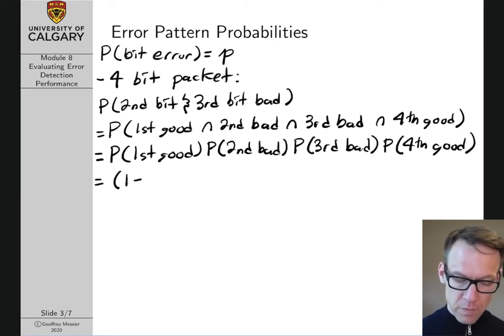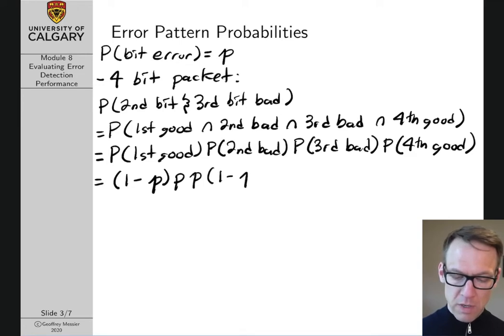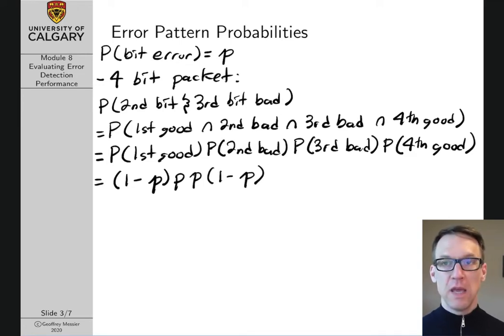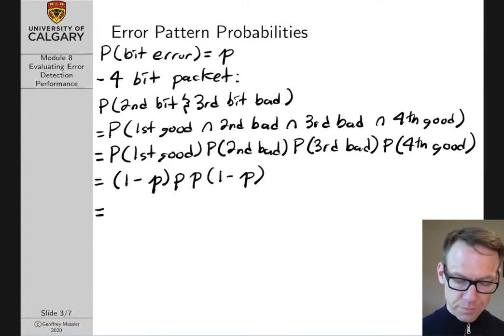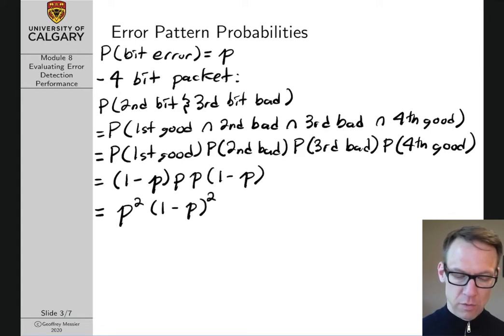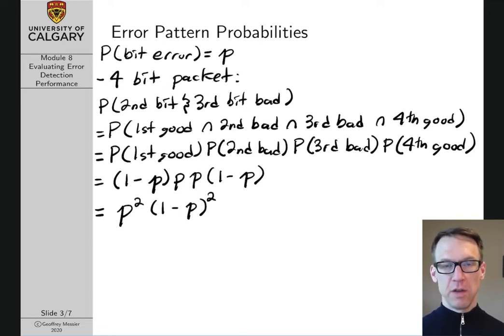So this is (1 minus p) times p for the second bit times p for the third bit times (1 minus p) for the fourth. We can consolidate this and write it as p squared times (1 minus p) squared. And so that's the probability of a very specific bit pattern occurring.